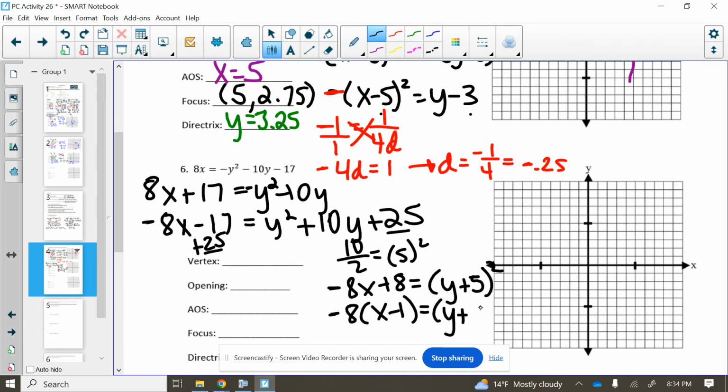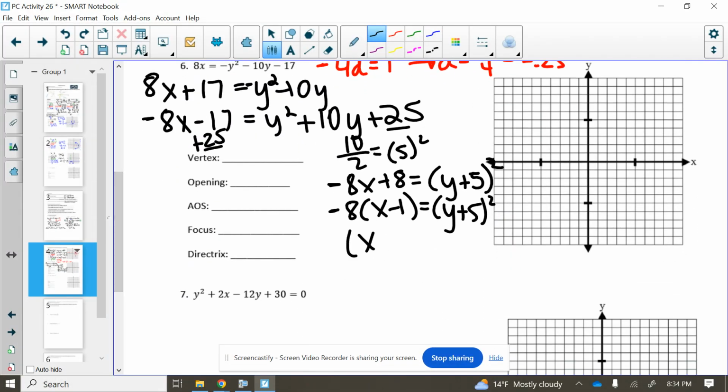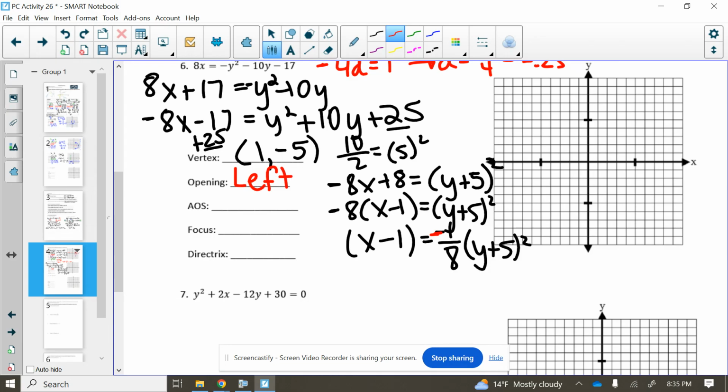And then last but not least, we like that 1 over 4d value in front of our squared variable. So in this case, the negative 1/8 can come in front of y plus 5 quantity squared. So this time our vertex is at 1, negative 5, and we notice that negative and y squared value means we are opening to the left.